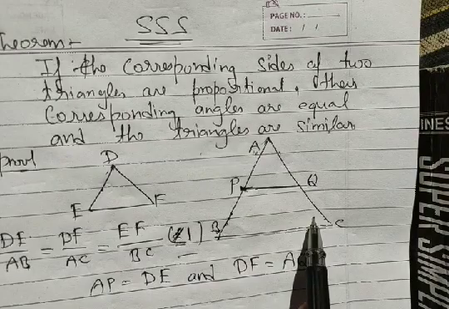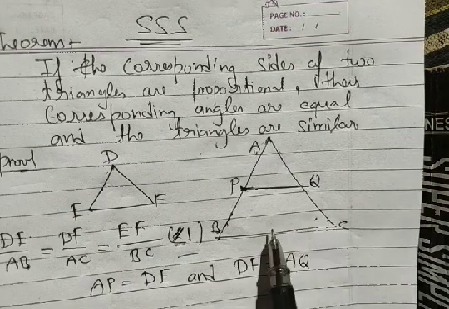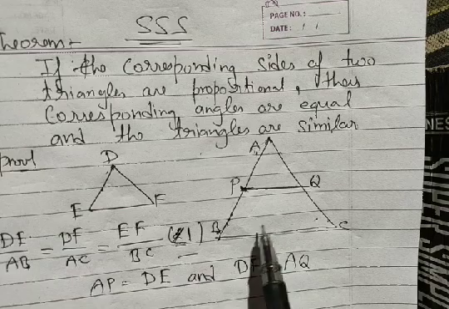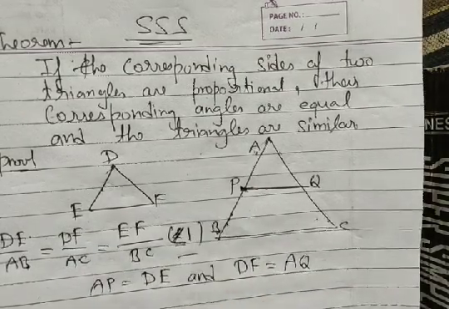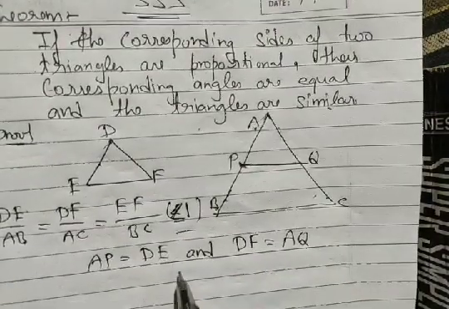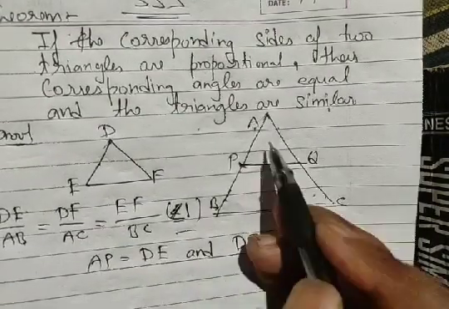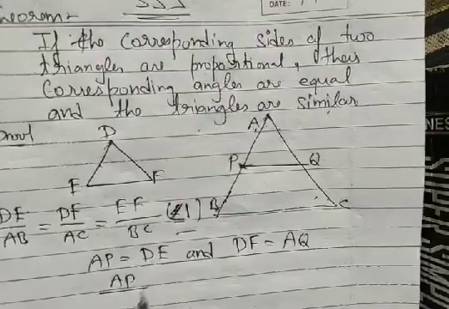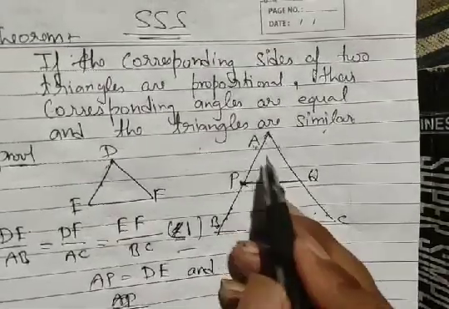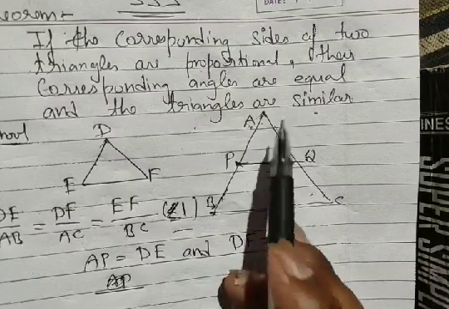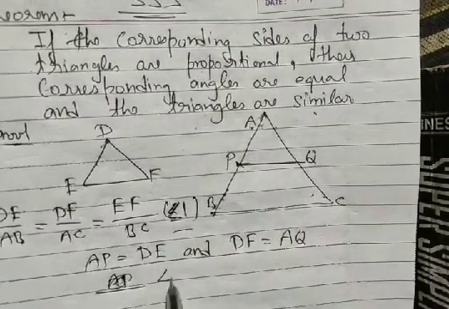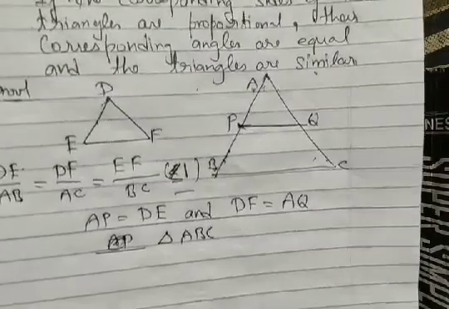Since we are using DE equal to AP, then what do we have? We are considering triangle ABC. Let us write it down first. We are considering triangle ABC.